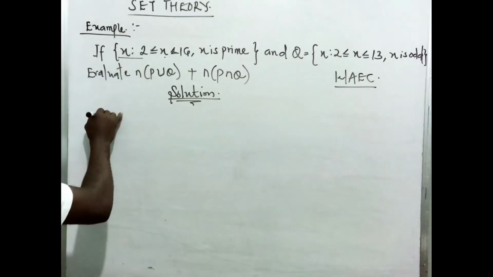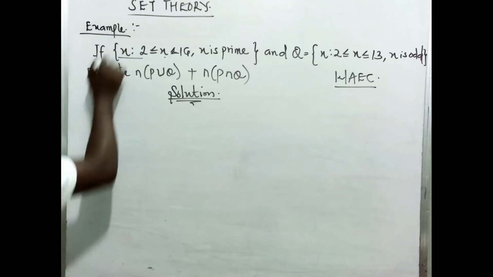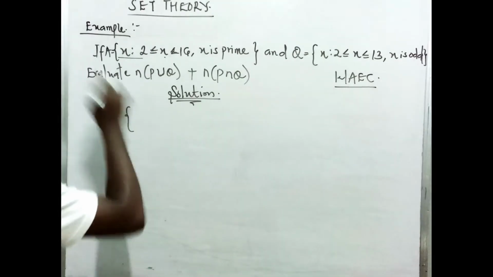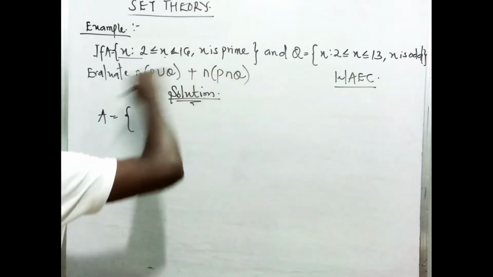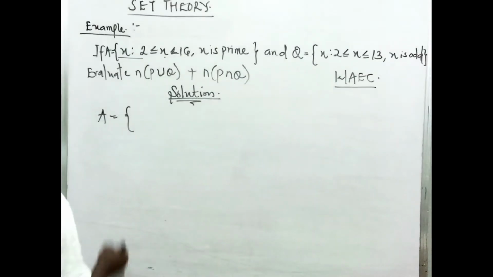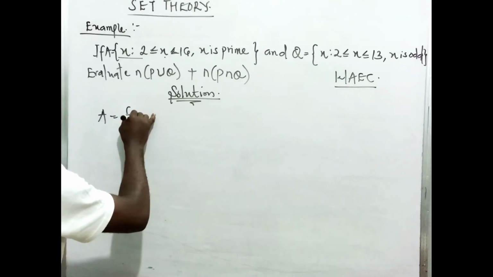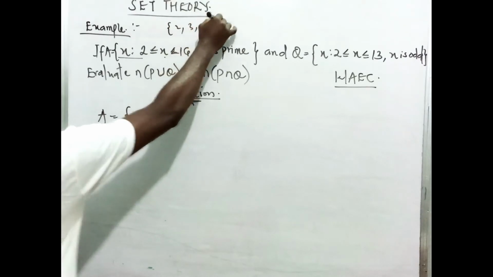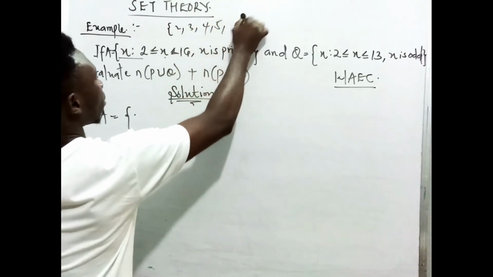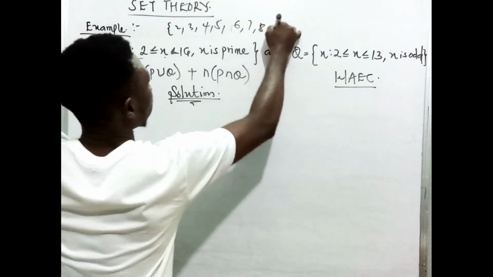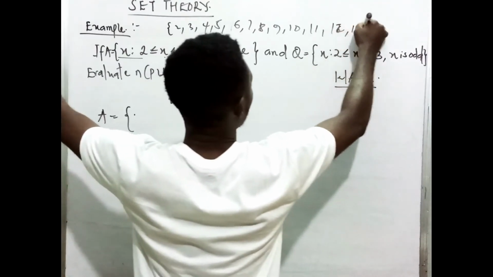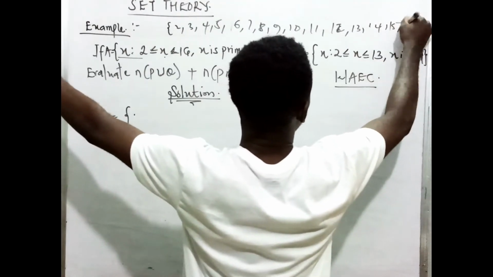Now this here, please pay close attention. A here is equal to the set where 2 is less than or equal to x, which is less than 16, of prime numbers. Don't forget, prime numbers are numbers that don't have other factors. Here we have the numbers 2, 3, 4, 5, 6, 7, 8, 9, 10, 11, 12, 13, 14, 15, 16.